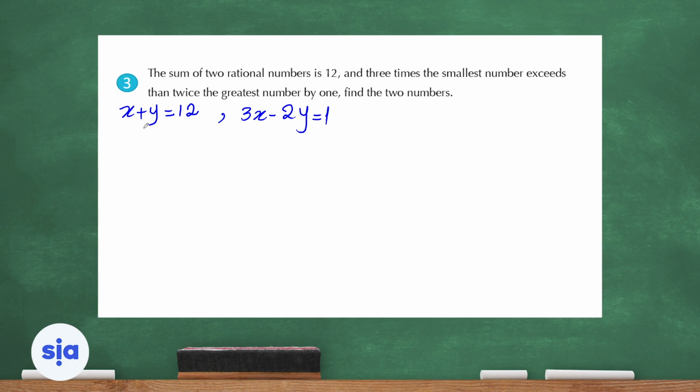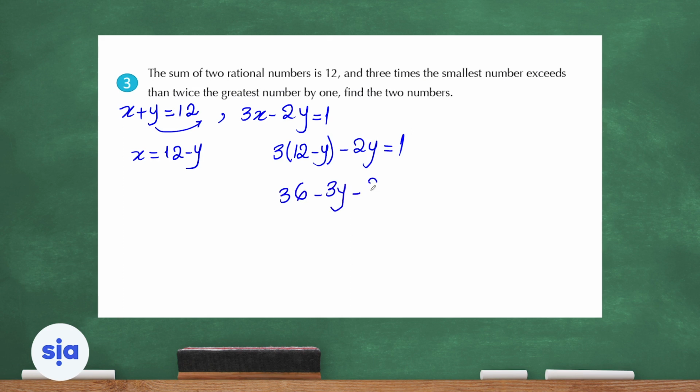So we'll go to the first equation, solve for x, so x equals 12 minus y. We'll go to the second equation, substitute each x value by 12 minus y, and solve this one for y. So 36 minus 3y minus 2y equal 1.